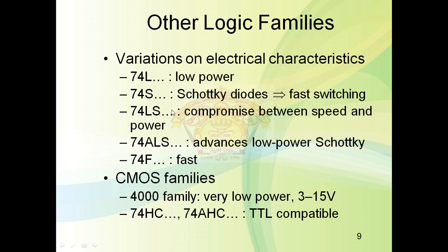But the power requirement is higher in the case of Schottky diodes, so another change was made: advanced low power Schottky, the 74ALS series. Another series is 74F00, in which the speed is faster. These are the other families of the 7400 series.